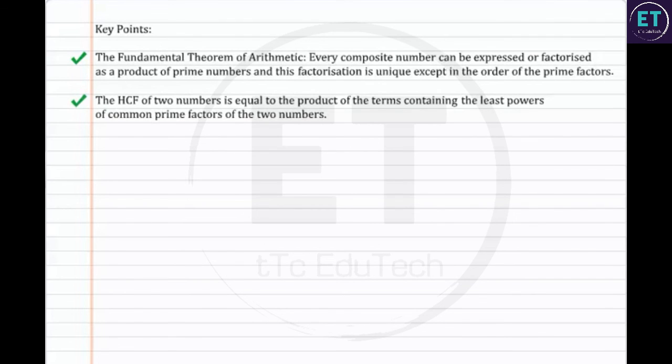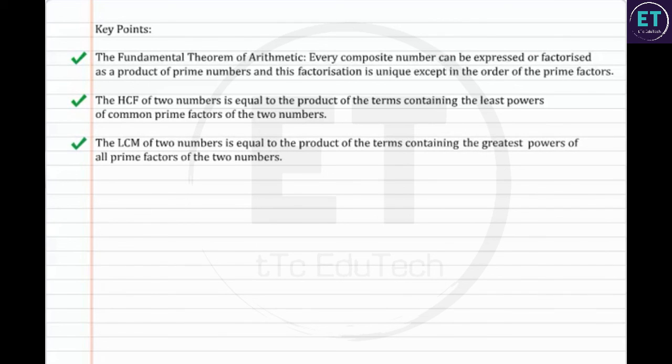You have also learned that the HCF of two numbers is equal to the product of the terms containing the least powers of the common prime factors of the two numbers. The LCM of the two numbers is equal to the product of the terms containing the greatest powers of all prime factors of the two numbers, and the product of two positive integers is equal to the product of their HCF and LCM.